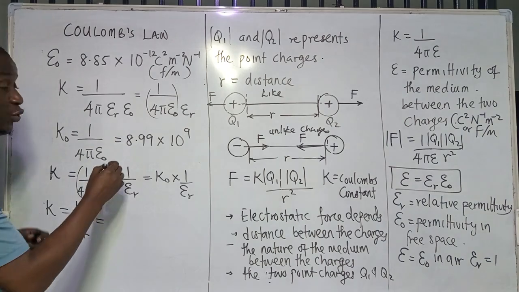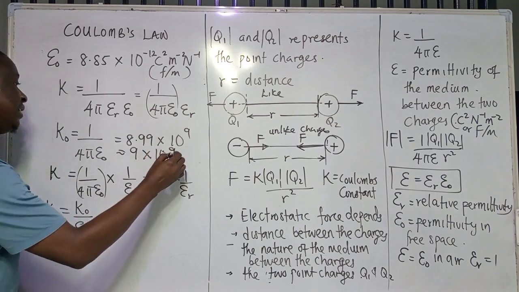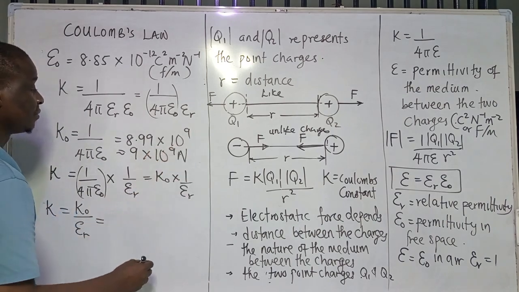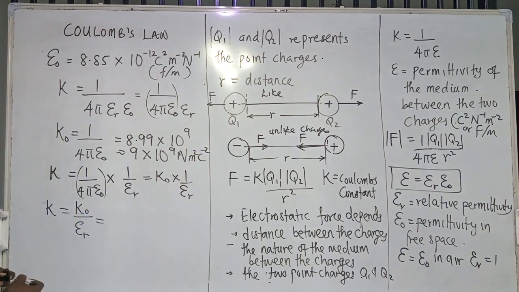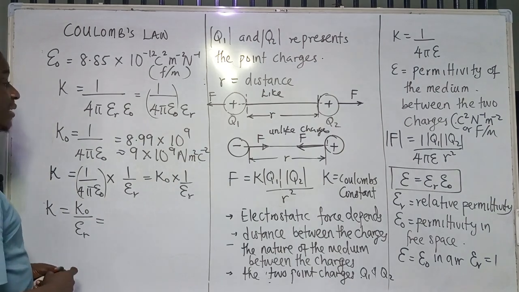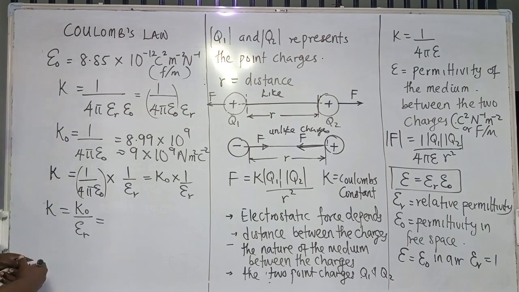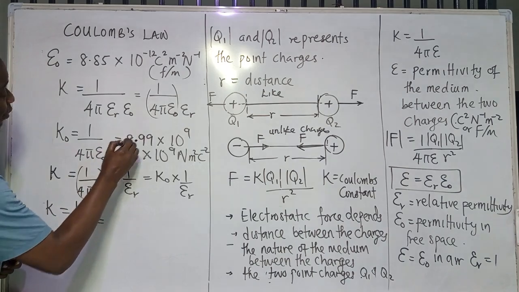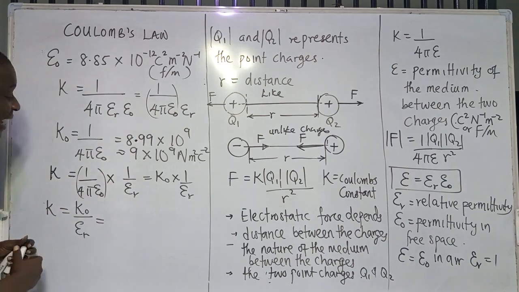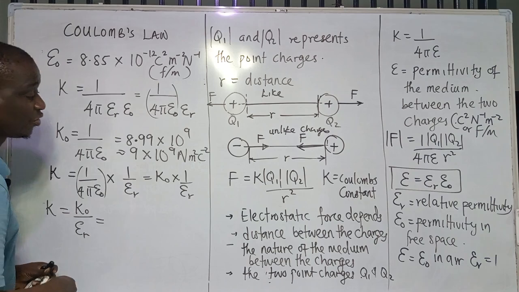In most calculations, we use it as 9 times 10 raised to power 9 Newton meter square per kilogram squared. That is the unit of that particular K. So we don't use 8.99, rather we use approximately 9. So if you see in a question, take K to be 9 times 10 power 9.